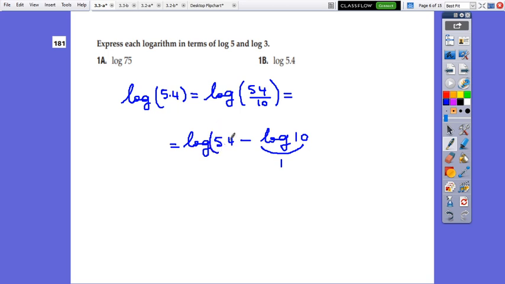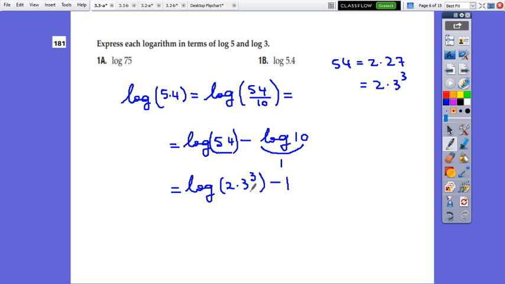Now all we have left to do is to factor the 54. 54 is 2 times 27, which means 2 times 3 cubed. So instead of 54, we can write log of 2 times 3 cubed minus 1. We will apply the product property, so distribute the log in each number inside.